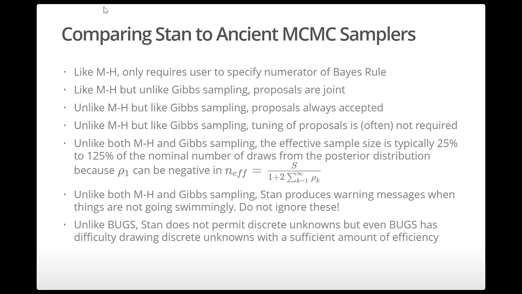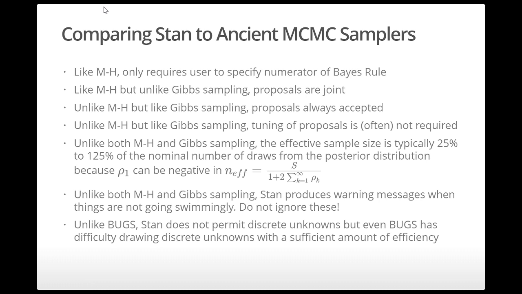Unlike Metropolis Hastings, but like Gibbs, proposals are always accepted. There's no rejection. And so also unlike prior predictive matching. All your proposals get accepted, so that helps keep the effective sample size high. Unlike Metropolis Hastings, but like Gibbs, you don't necessarily have to do any tuning of the sampler. Sometimes you kind of do.